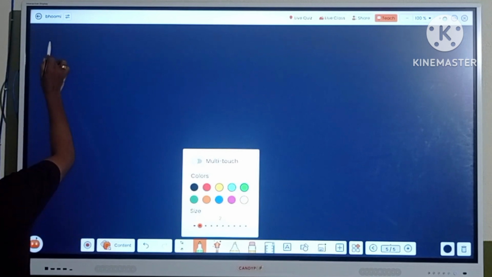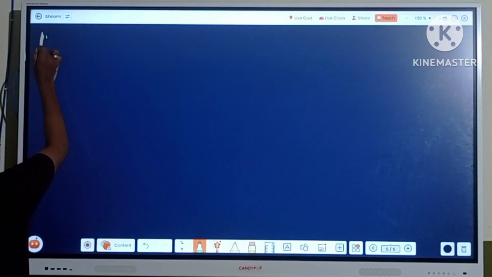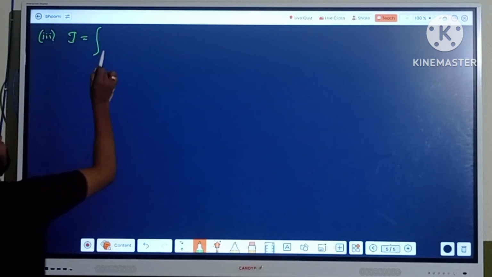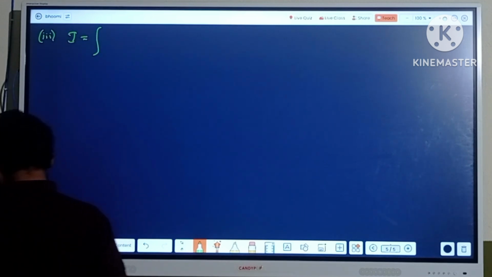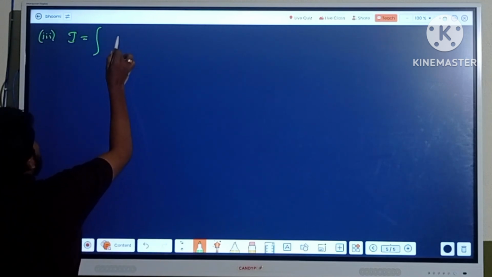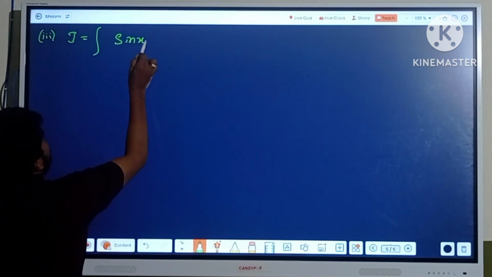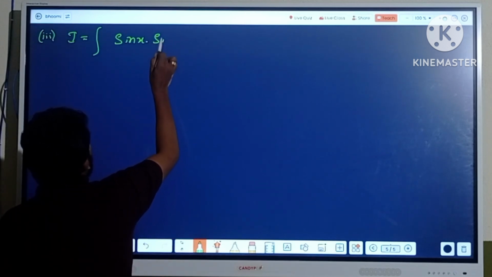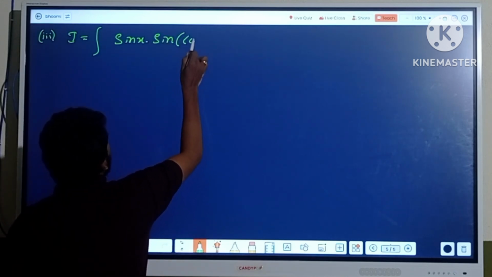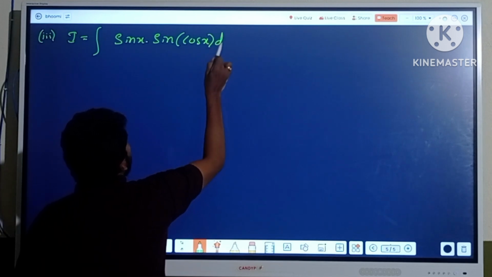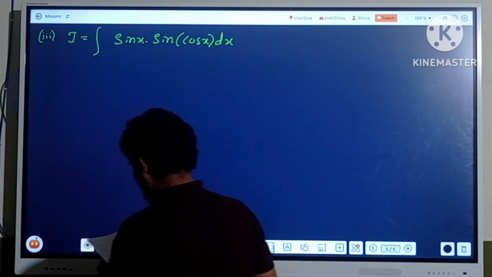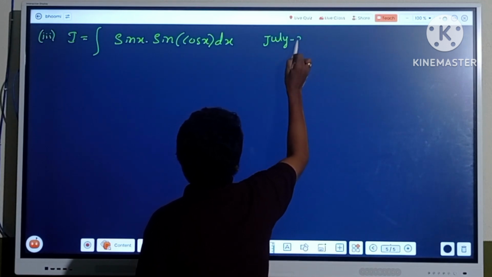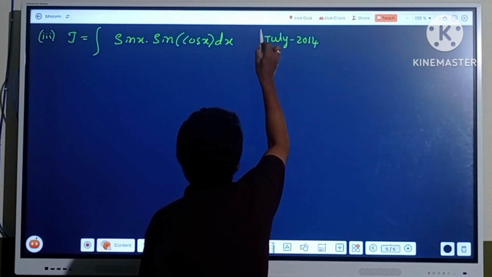Evaluate I equals integration of sin x into sin of cos x dx. This question was asked in July 2014.